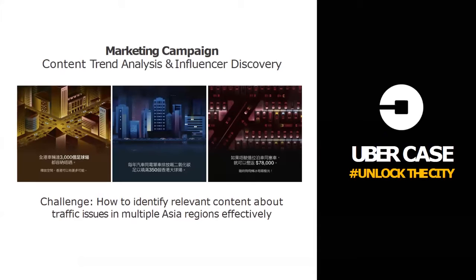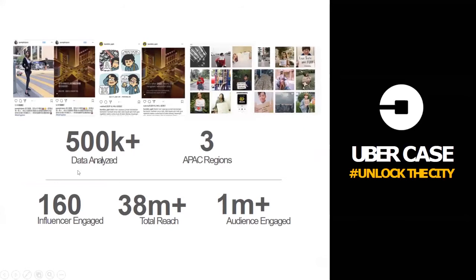So how can we reduce people buying private cars and use the service of Kumar? So they would like to raise this Unlock the City campaign on the web. And then you see that there's a 500K data analysis within 3 different regions. And there's 116 influencers engaged, and there are more than 38 million total reach.